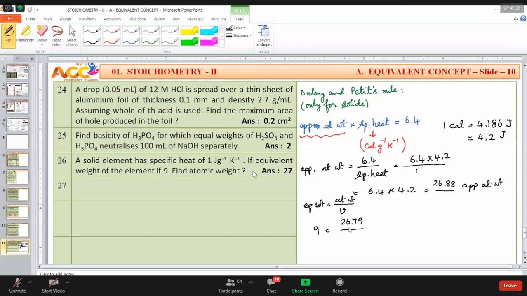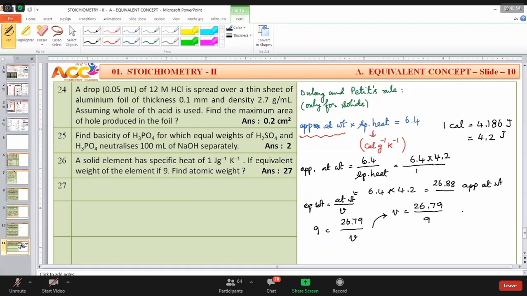Now, once you have this, we have to find the valence. Valency is equal to 26.79 or 26.88, depending upon which value you have taken, divided by 9. It becomes 2.98.